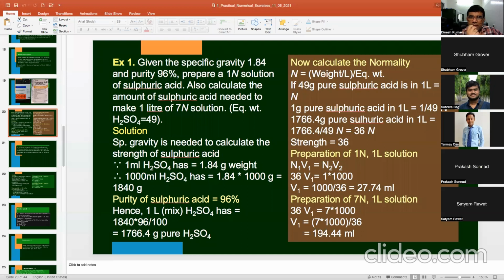Specific gravity is a unitless value. So what does it mean actually?